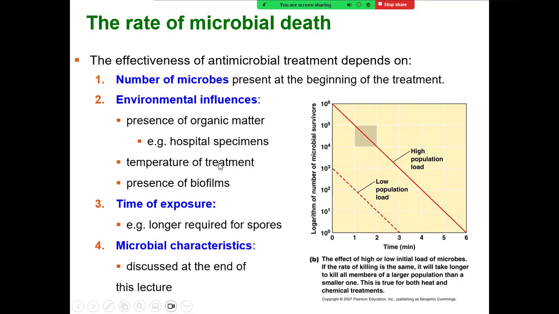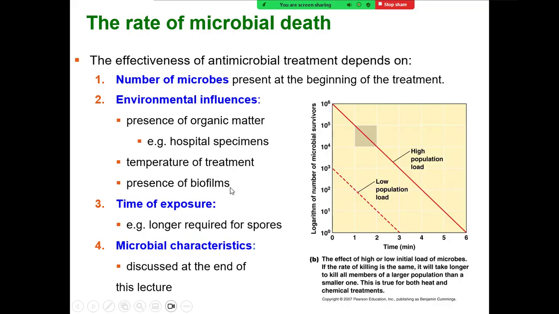The temperature of the treatment can also affect the microbial death rate. Generally, the hotter the temperature, the better the treatment, meaning the less time you need to apply the treatment to get effective killing. And then lastly, the presence of biofilms can influence the effectiveness of the treatment.